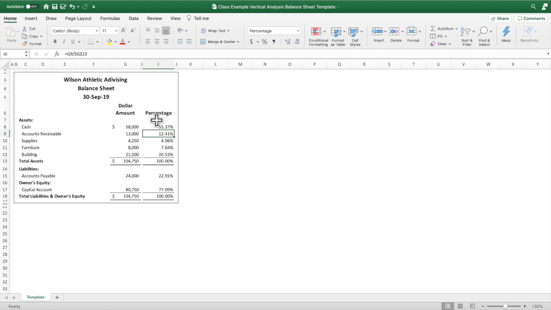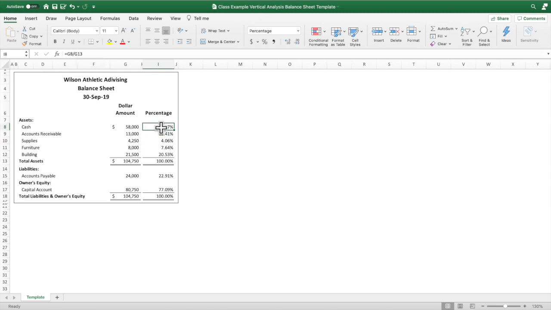So what we're going to do here is take the dollar amount divided by the base figure. So if you see here, we have the dollar sign in front and the dollar sign before the number.